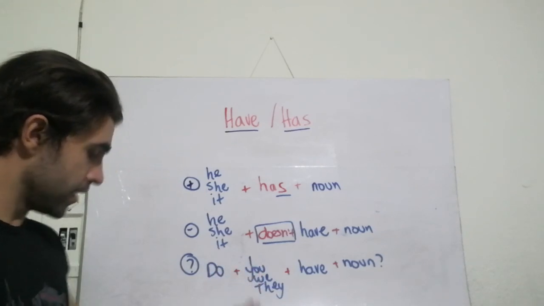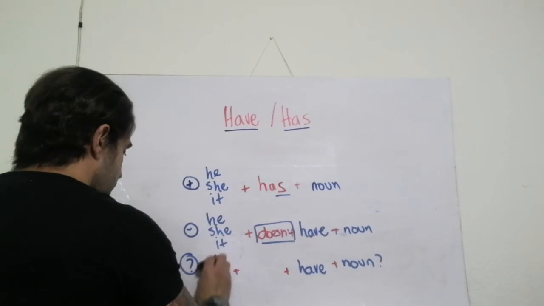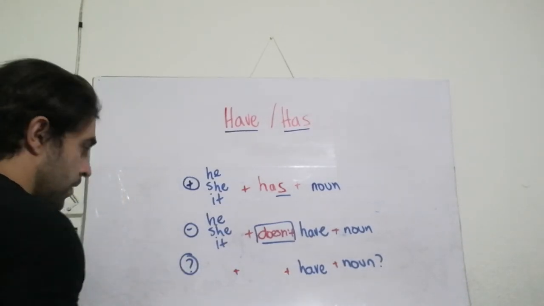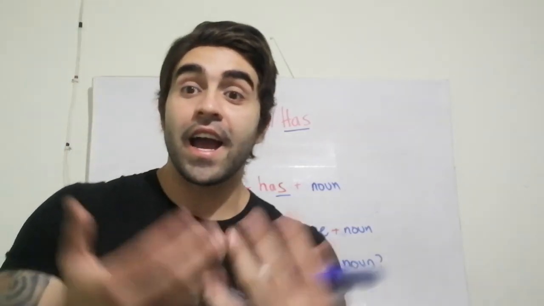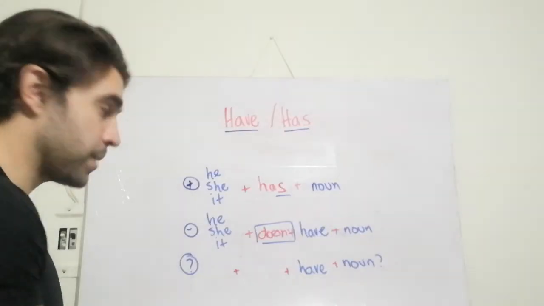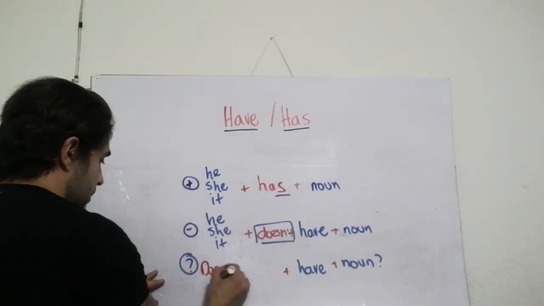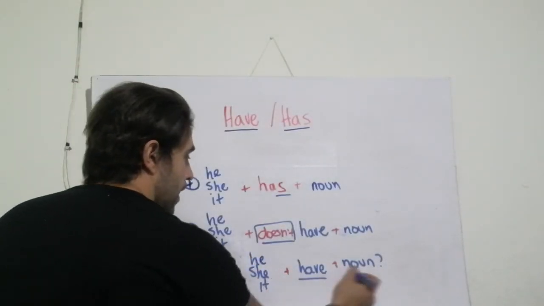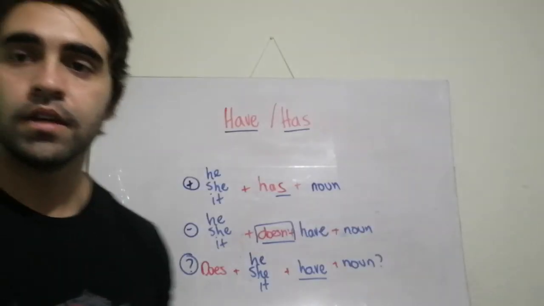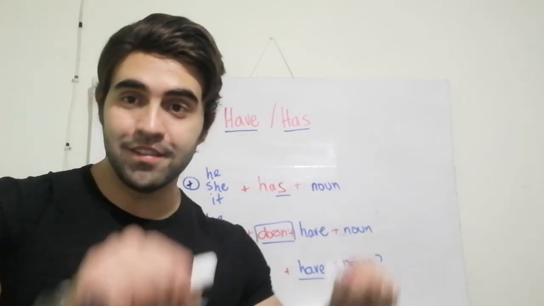And finally, here, I'm going to change this. Finally, here, we're going to use an auxiliary verb that I have explained before. That is the verb does. So I say does, again, he, she, and it have, and the noun. So does he have a motorcycle?